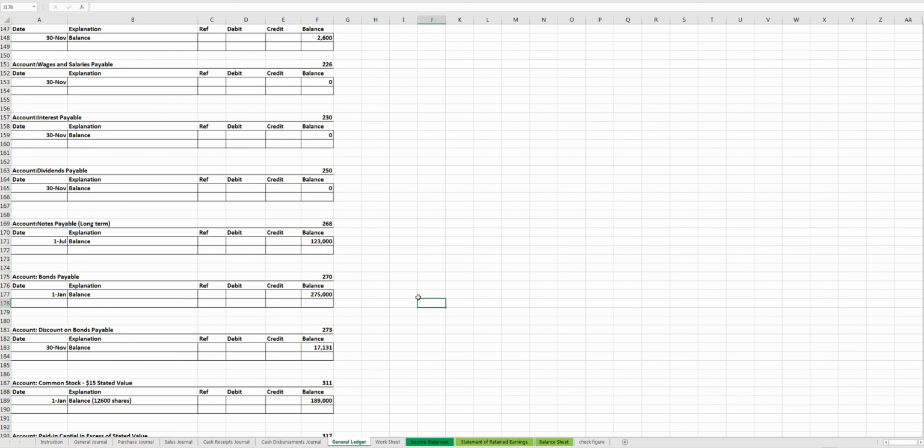Right? The interest expense is determined by the carrying value of the bond. So we have the original cost, and we have the unamortized discount on bonds payable.